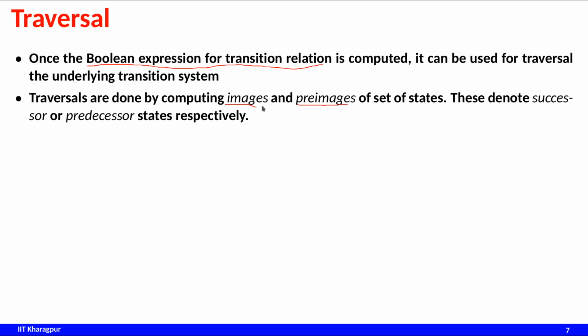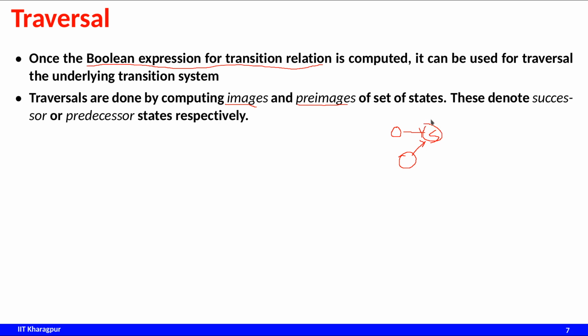So what are images? Images are the successors and the predecessors of states. If I am in this state, I would like to find the set of states from where I can reach this state. So let's say the state of interest is this one.